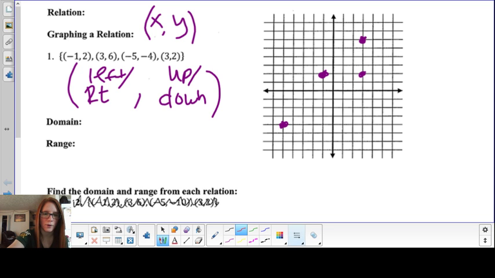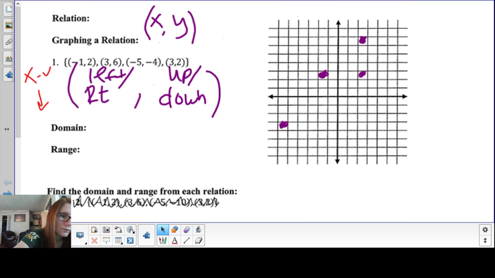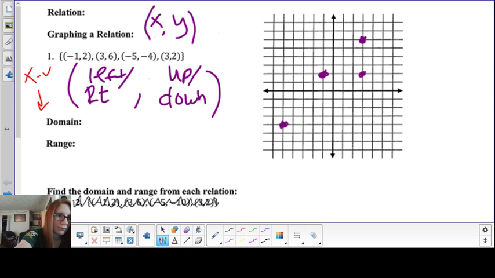All right, next we're asked to list the domain. The domain is the x values. So looking at my list, in mathematical order, meaning from smallest to biggest, I'm going to list any x values that I see.